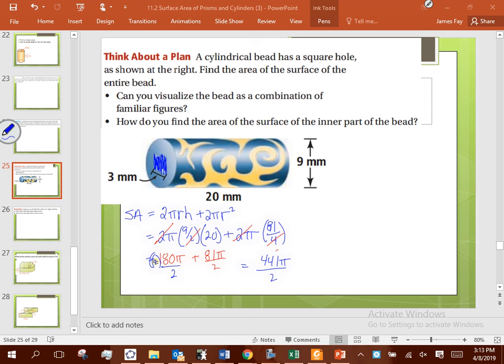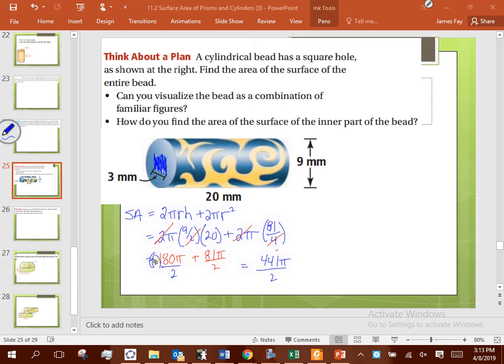So now I need to find the lateral area of that prism, which is going to look kind of like that, right? That's one wall. This would be the ceiling, and we do the bottom, the floor, and we do the other wall, right? So the lateral area is P times H. The perimeter of that square is 12.